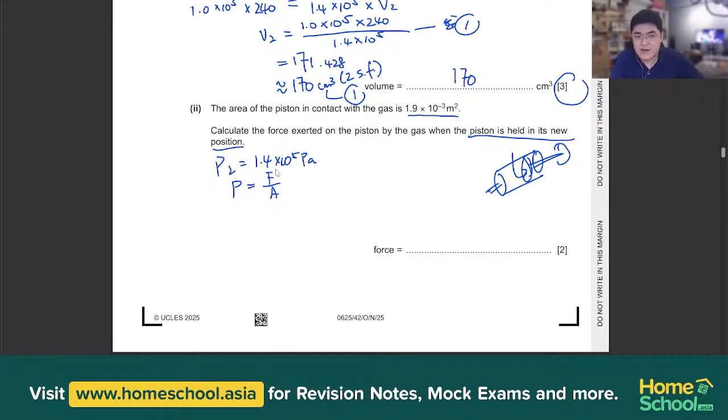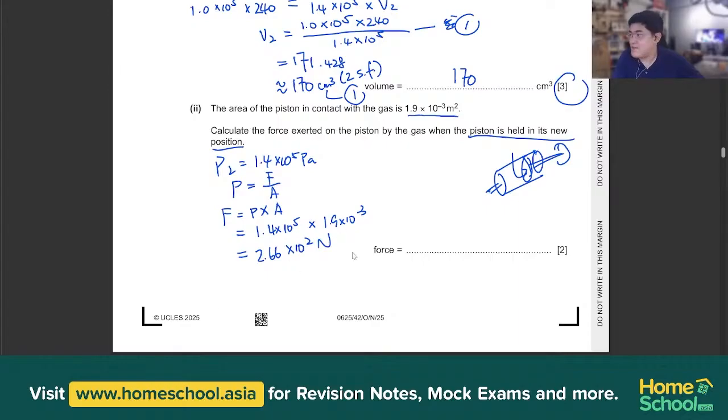So let's do a bit of calculations. Let's bring A over. So F is equals to pressure times area. Pressure is 1.4 times 10 to the power of 5 multiplied by area, which is 1.9 times 10 to the power of minus 3. Do note that it's already in meters squared, so we don't have to change anything. So let's do the calculations again. Now we get 2.66 times 10 to the power of 2 newtons.